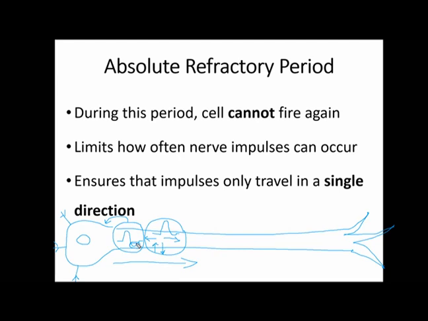This part of the cell can't fire again. It's stuck in that absolute refractory period where it physically cannot fire again. So these ions traveling backwards don't do anything, and that's a good thing. If those ions travel forward, then that's what actually triggers our next action potential.